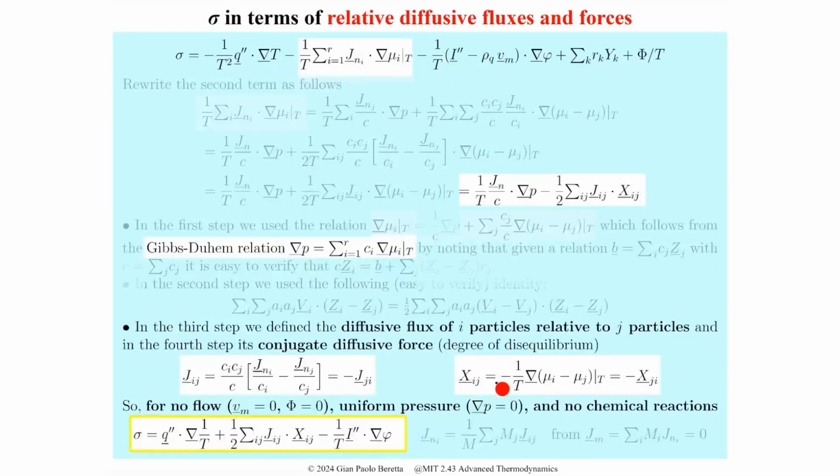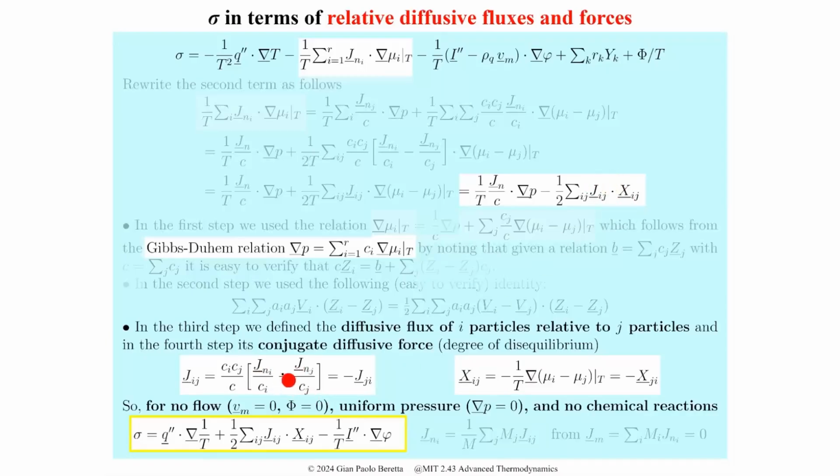And this other slide, which we reviewed the last time, allowed us to write this term in the expression for the rate of entropy production in terms of independent fluxes, or actually in terms of these J_ij's.